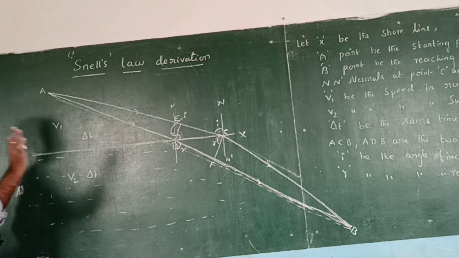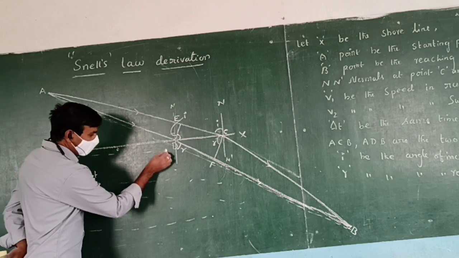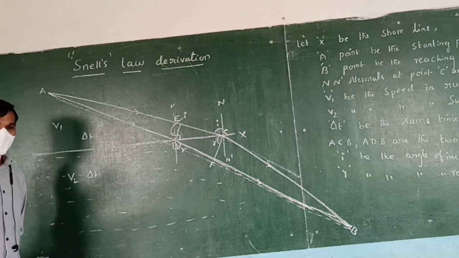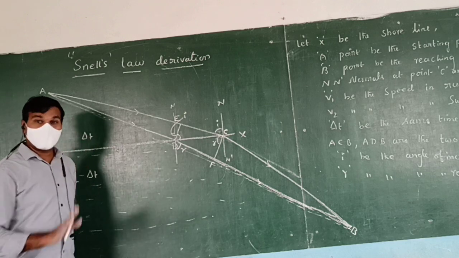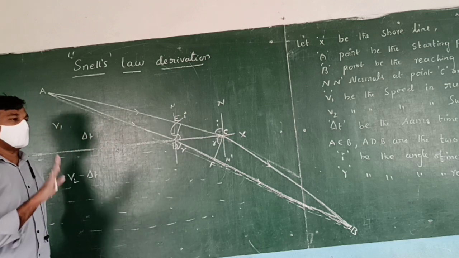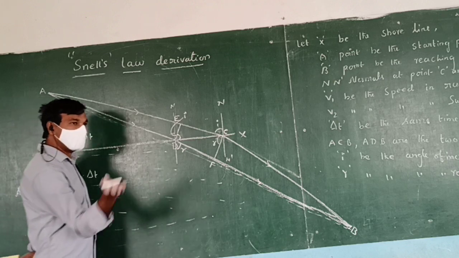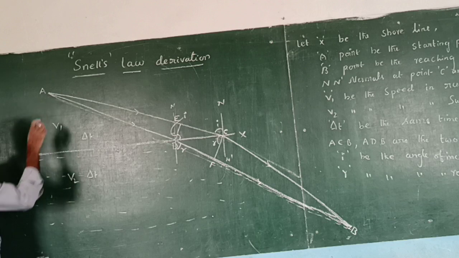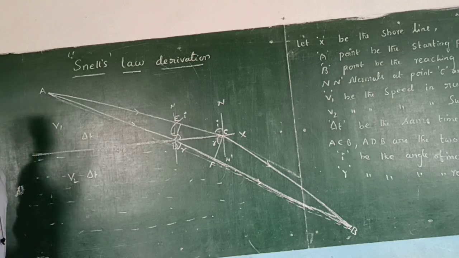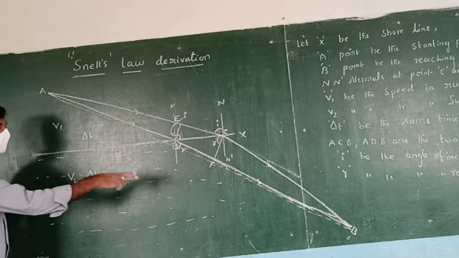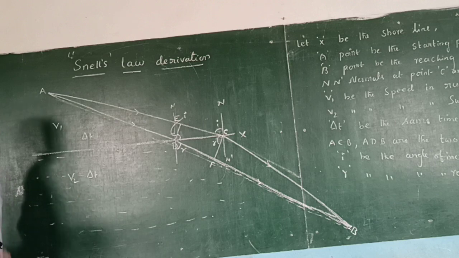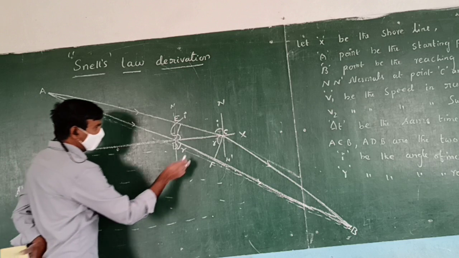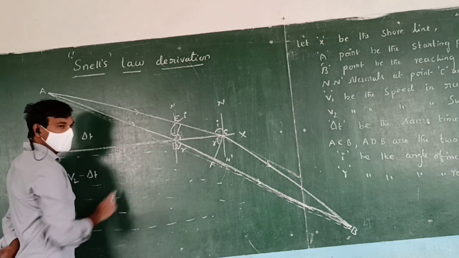The girl traveled in a boat in the water, a river or sea, and fell out of the boat at point B. At point A, two persons choose two routes to reach point B and save the girl. A to C is one route and A to D is another.